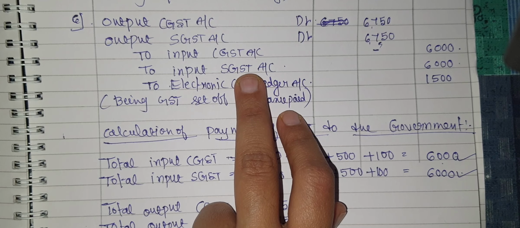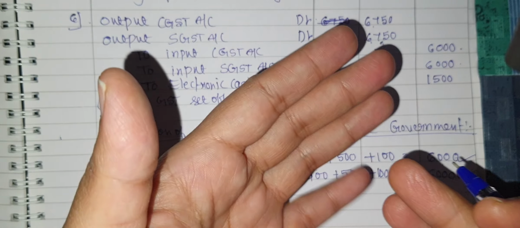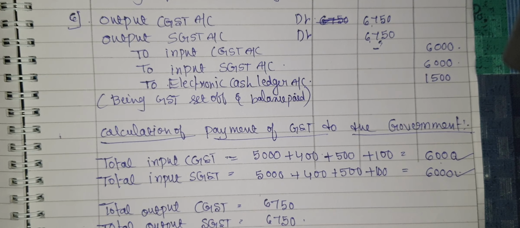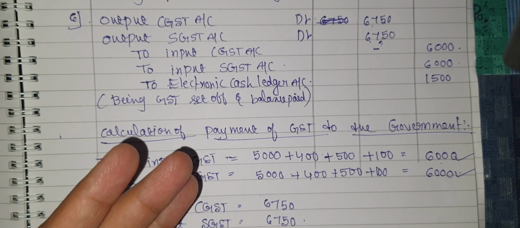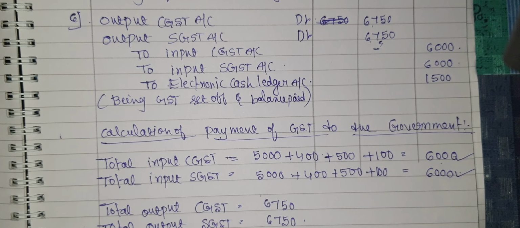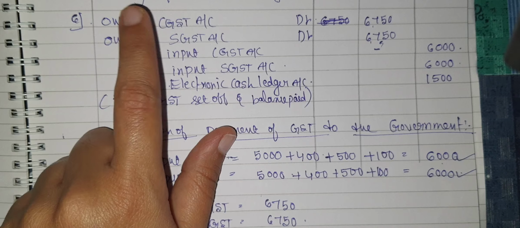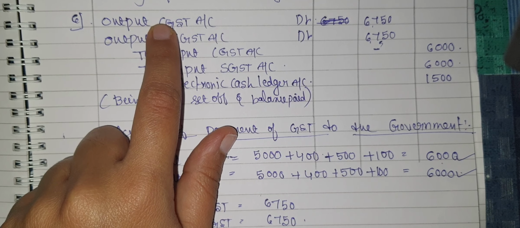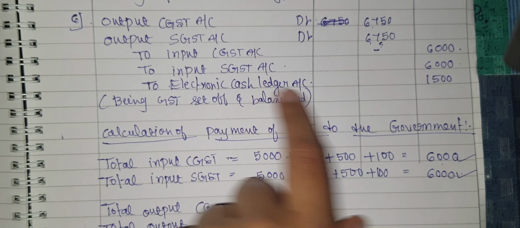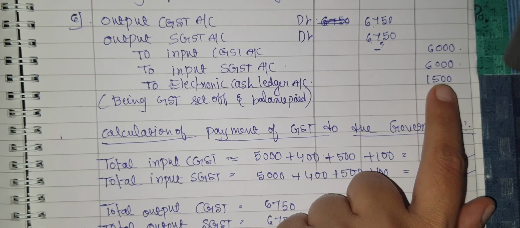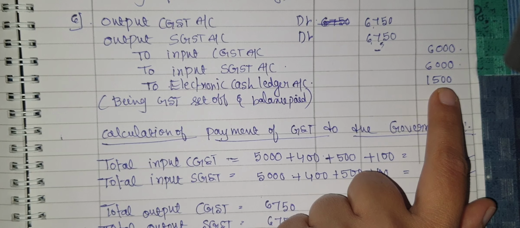The excess input tax credit can be carried forward to the next tax period to adjust against the future tax liabilities. And when the output GST is greater than the input GST, the net GST is payable to the government, that is rupees 1,500 in this problem.